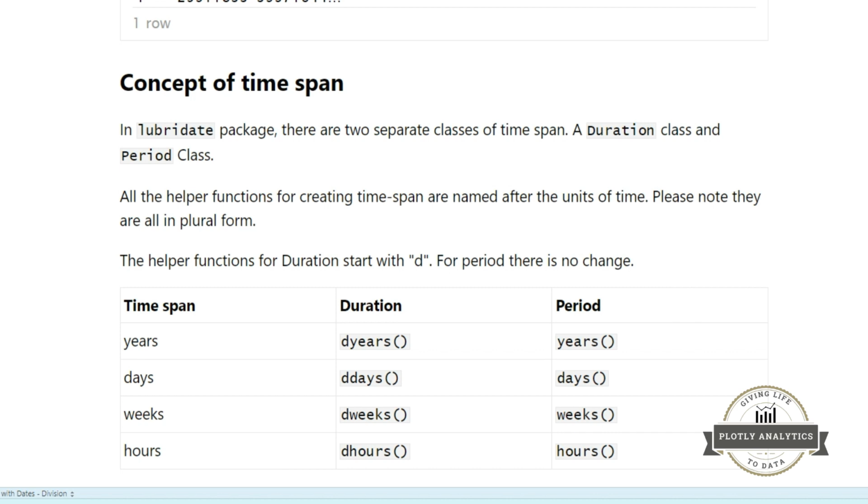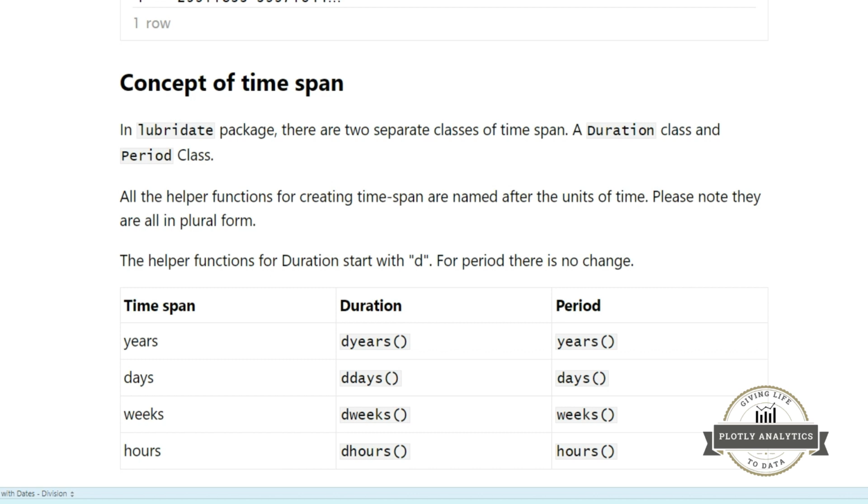That's very simple. But you will have to understand a subtlety here. Now the subtlety here is that all these units of time are used in plural form. So year is used as years, day is used as days, week is used as weeks, and so on in the plural form.